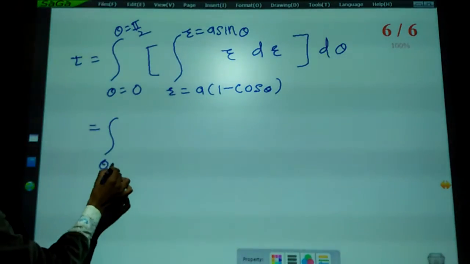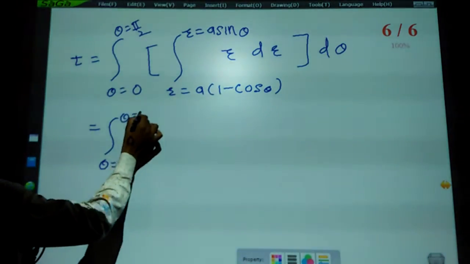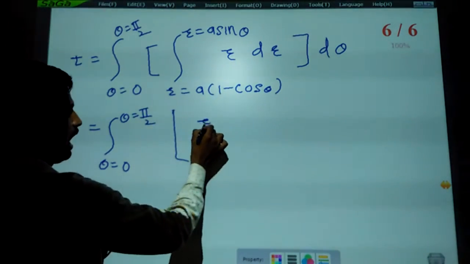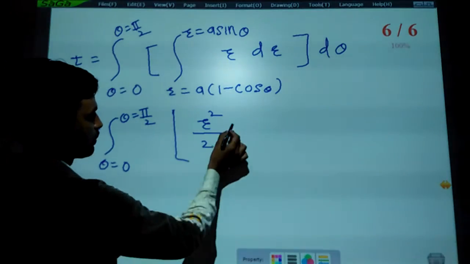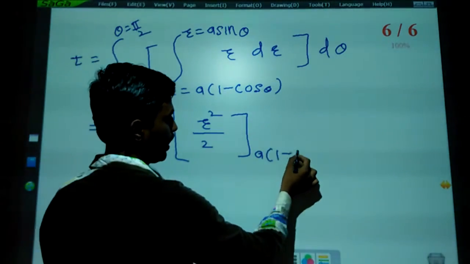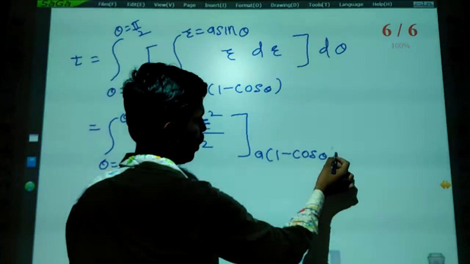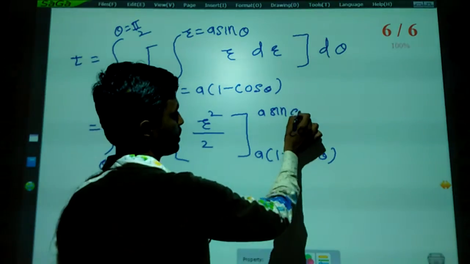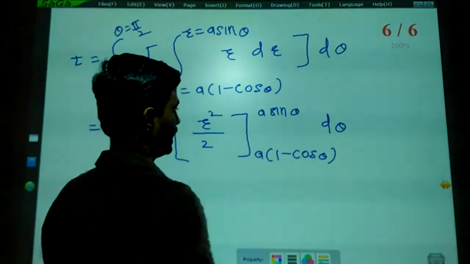Integration of r dr is r square by 2. The lower limit is a times 1 minus cos theta. The upper limit is a sin theta, d theta.